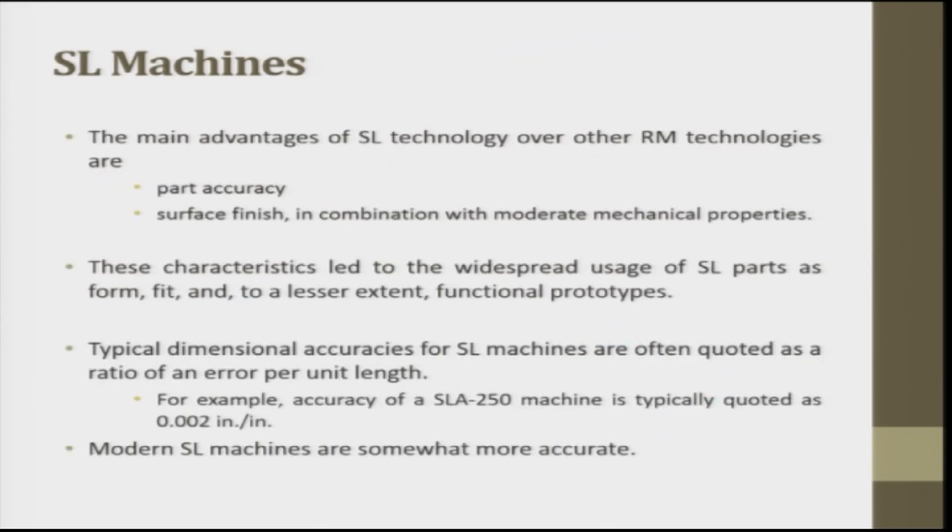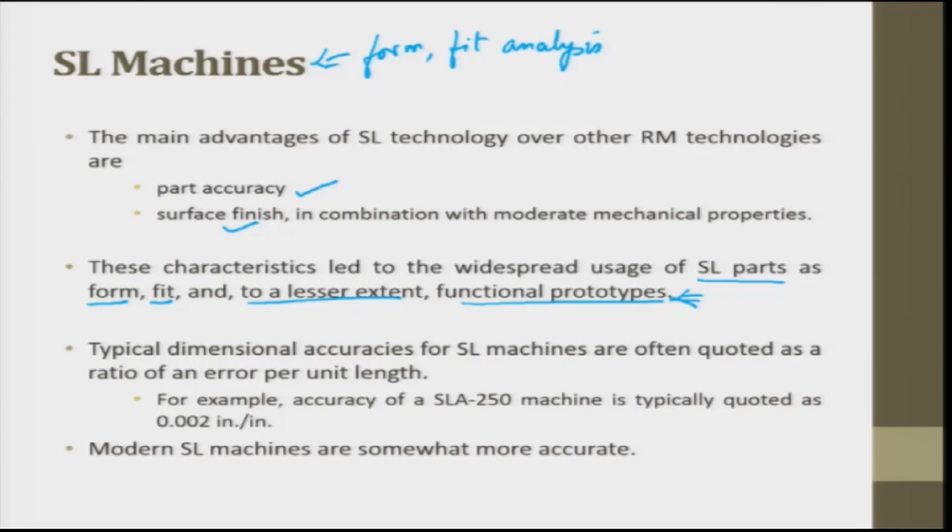The main advantages of SL technology over the other RM parts are part accuracy and finishing. These characteristics lead to a wide range of usage of SL parts as form, fit, and to a lesser extent functional prototypes. SL machines are used for form, fit analysis.